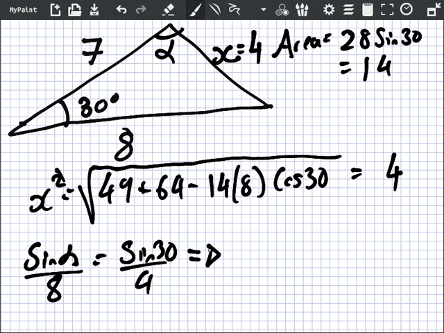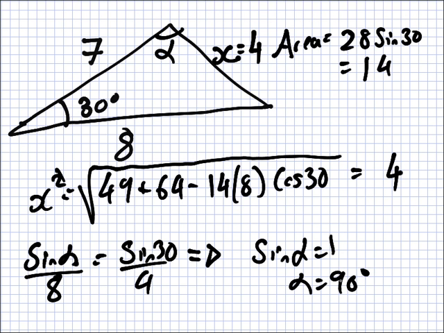Yeah, 1. So I get sine alpha equals 1. That's why it's working out nicely, because my alpha is actually 90 degrees. If that's 90 and that's 30, then the remaining angle here has to be 60, isn't it?